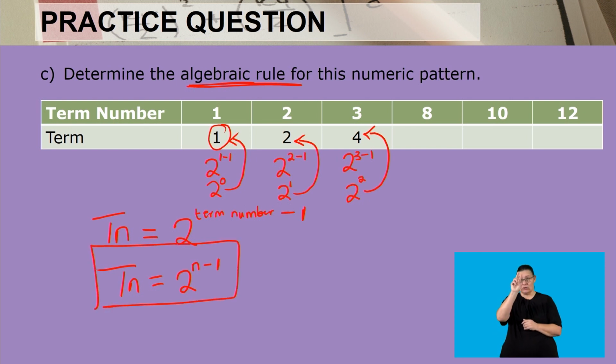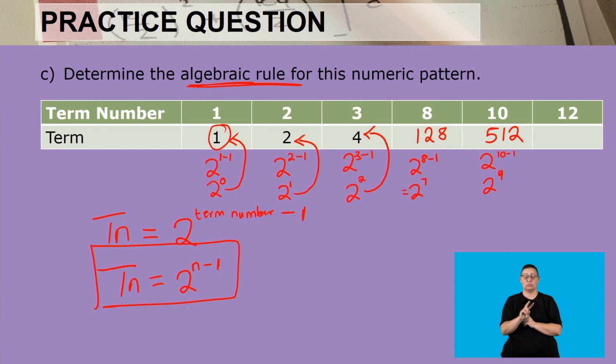Now, can that help us in finding the 8th term, the 10th term, and the 12th term? Definitely it can. So for the 8th term, we are going to say 2, and we are going to have an 8 minus 1, which is of course 2 exponent 7, and that would give us an answer of 128. The 10th term would be 2 exponent 10 minus 1, that is 2 exponent 9, and that would give us an answer of 512.